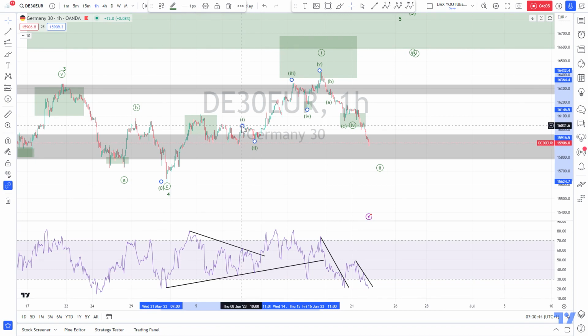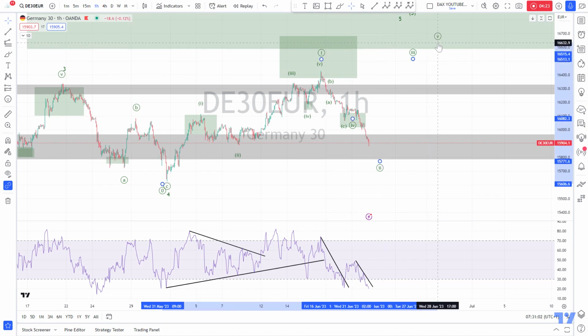Then here we have 1, 2, 3, 4, 5. We have a complete structure to the upside. So very important. Does that mean, because I count now like this, that we will definitely have a wave 3 here to the upside? No, this does not have to be.